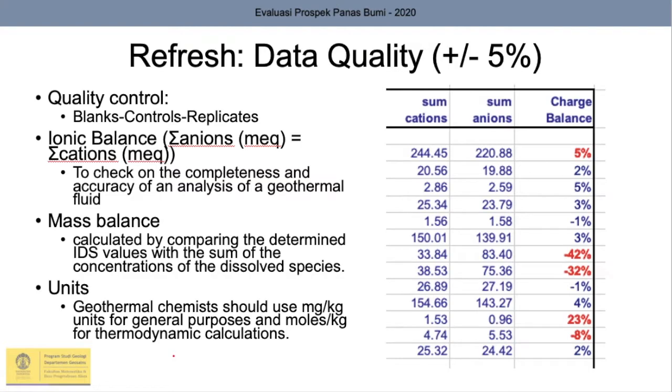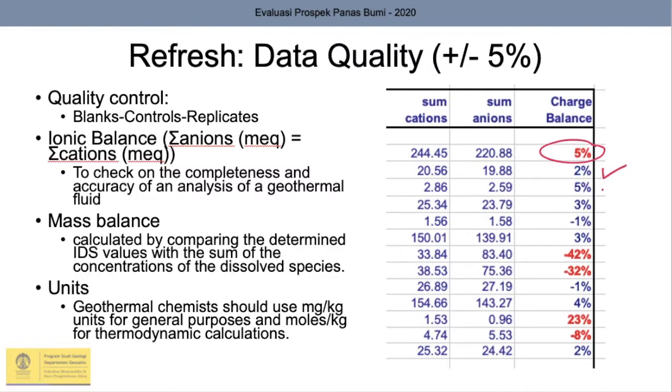We discussed in the previous course how to check the data quality in the form of a charge balance. The ionic balance calculates the sum of anions, which should be equal to the sum of cations in the water composition. So the proper data quality should not exceed plus or minus 5%.